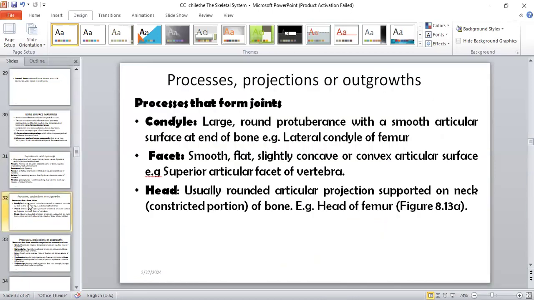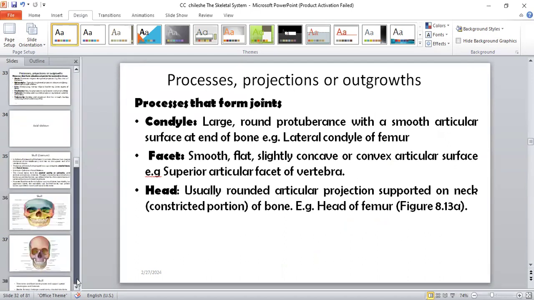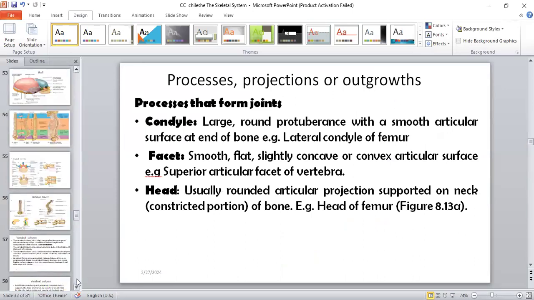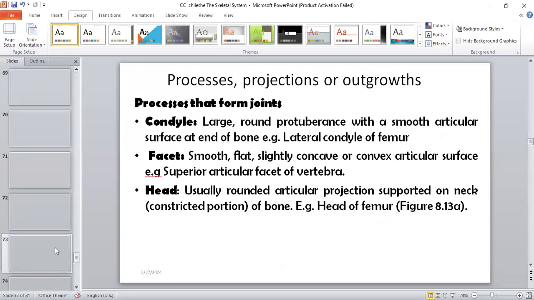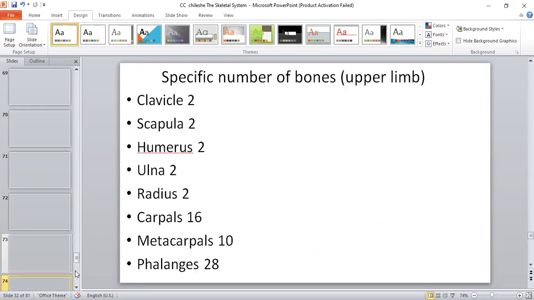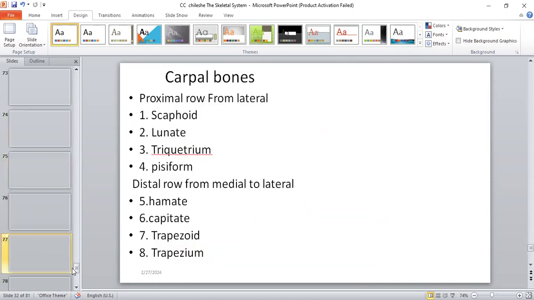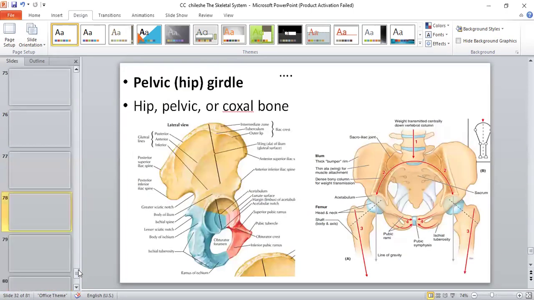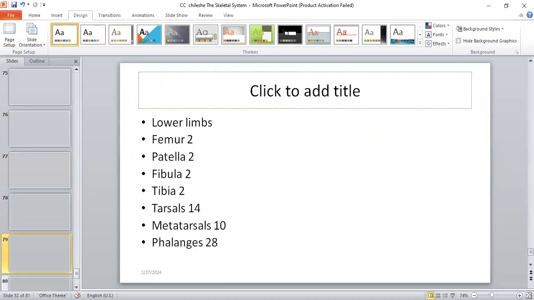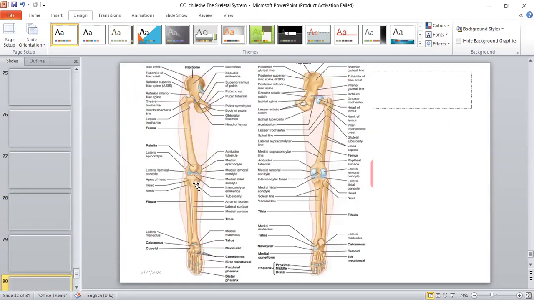All right. And then we have condyles. Condyles are large round projections with smooth articular surfaces at the end of the bones. So when you look at a bone such as the femur, that bone of the lower limb, when you look at the distal portion of the femur, there are these projections on the side.